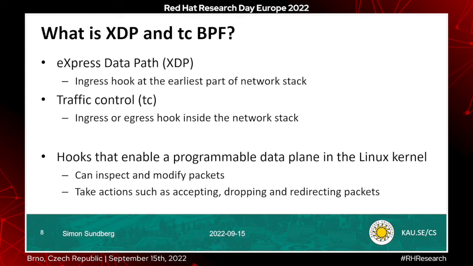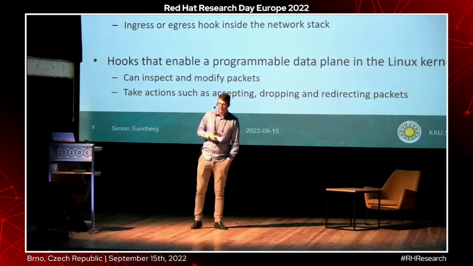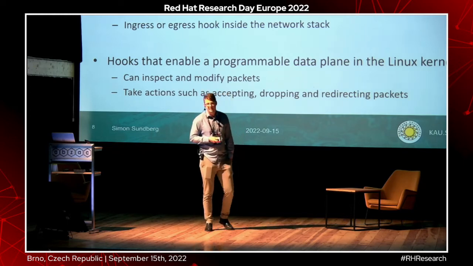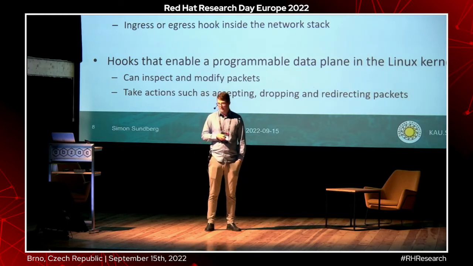And it can also write data to this packet. So you can rewrite some header, or you can add a header or remove a header. And you can also take some actions on these packets, like, for example, dropping the packets or redirecting them to a different interface. So basically, you get a programmable data plane inside of the Linux kernel, which is really cool.